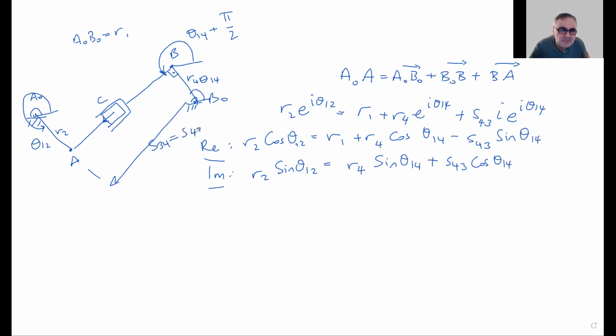S34 and S43 are the same thing. Okay, so I'm just using S43 here.